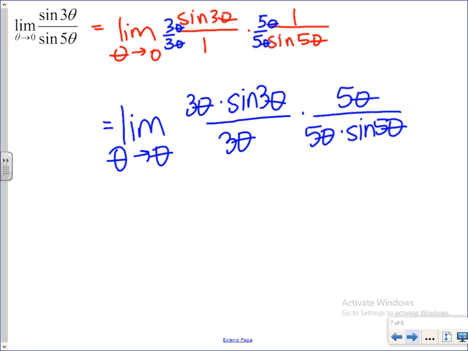So sine of 3 theta over 3 theta, as theta goes to 0, that one's going to go to 1. 5 theta over sine of 5 theta is also going to go to 1.